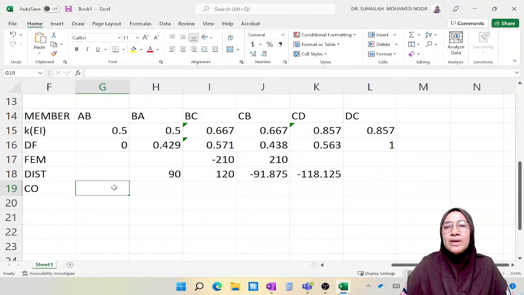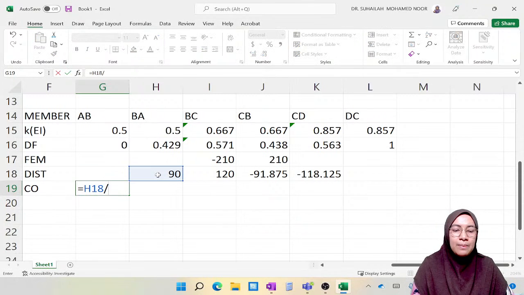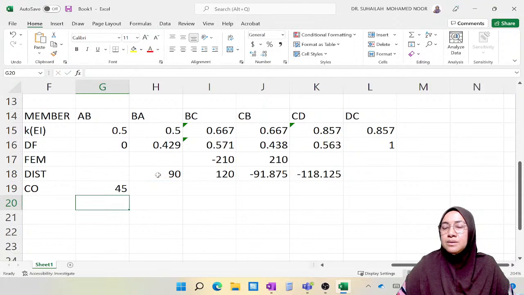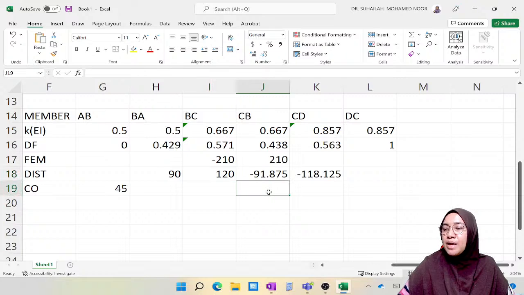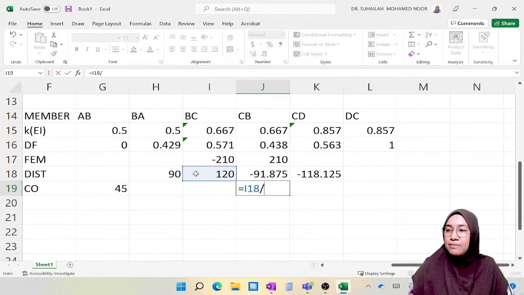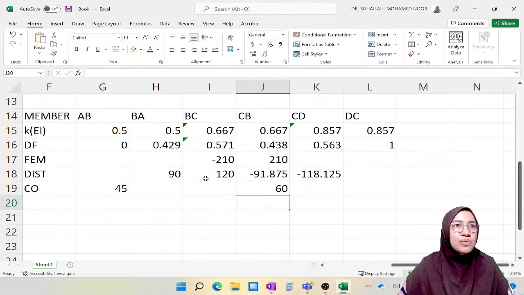Okay, so we carry the value to the opposite joint, which means that the value from BA we need to carry to AB. So we times with the factor 0.5, it is 90 divided by 2. And the value for BC we need to carry to CB. So 120 we have to times with the factor, so it is 120 times 0.5, we get 60.